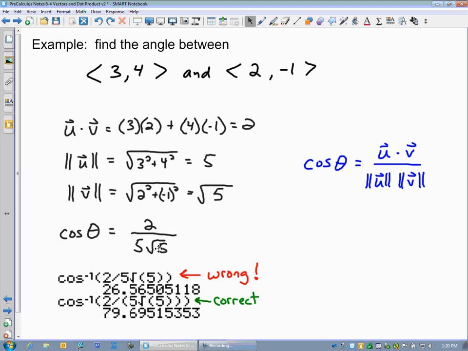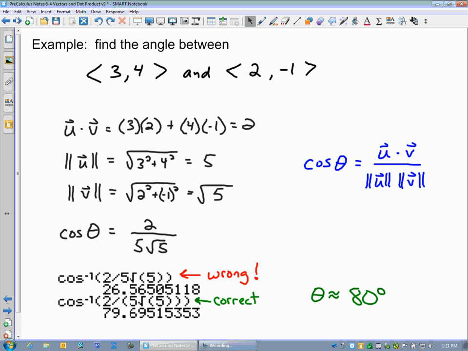So you have to put an extra parenthesis around it. So the correct way to put that in would be 2 divided by, and then open a parenthesis, 5 root 5, close the parenthesis, and then you can close the parenthesis for your inverse cosine. And when you do it correctly, you'll find that theta is approximately 80 degrees. That is, if your calculator is in degree mode. So just be very careful of that little trap when using the calculator.